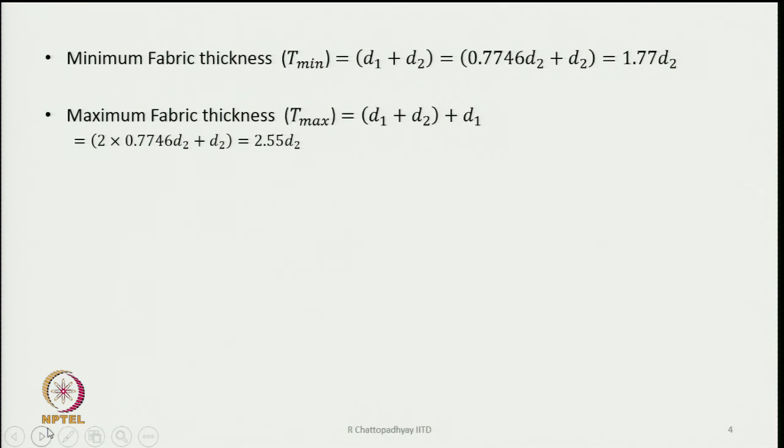So, minimum and maximum thickness are related to the diameters of warp and weft yarns, and we see that the thickness is going to lie between 1.77 d2 to 2.55 d2, somewhere between these two.